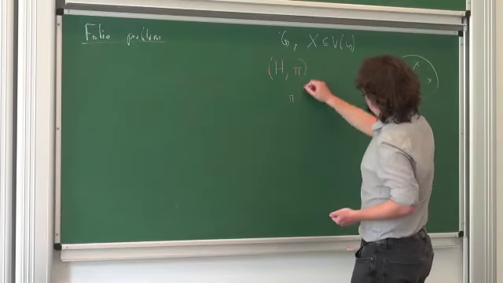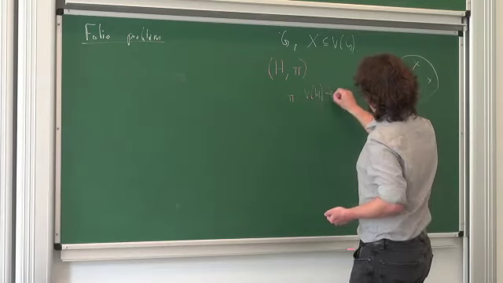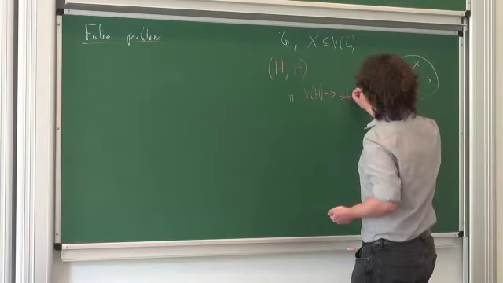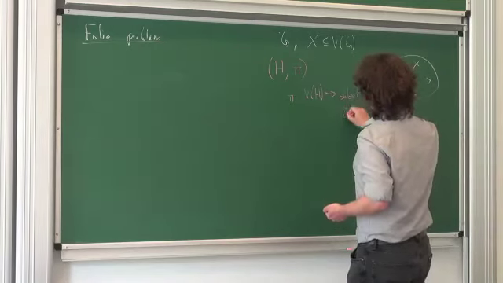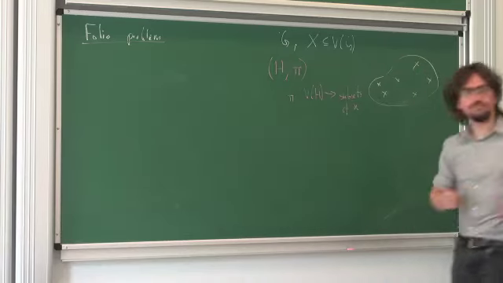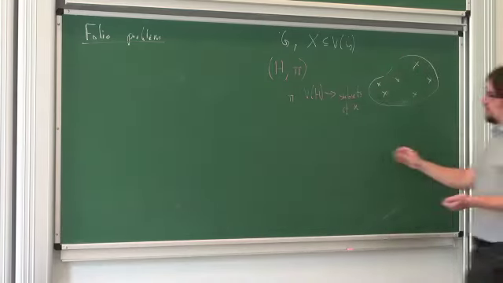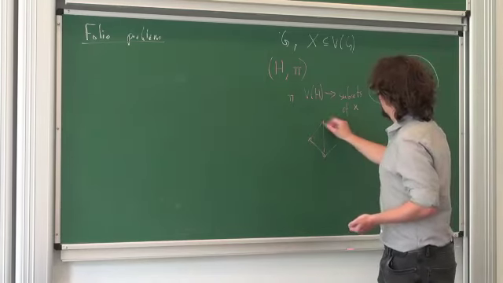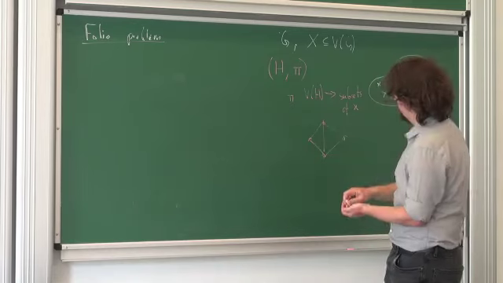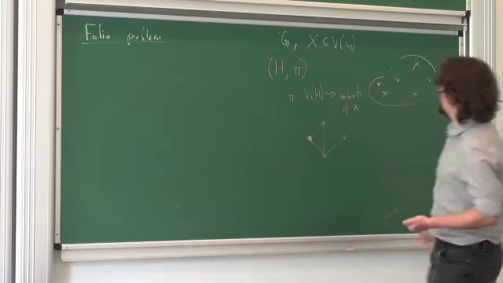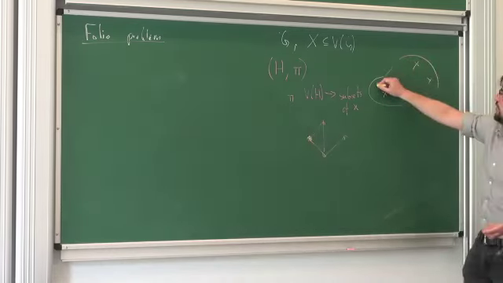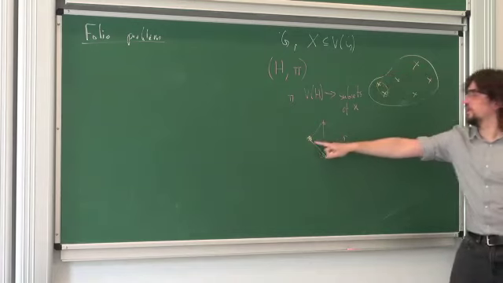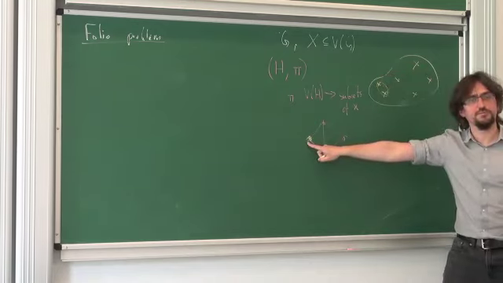That pi maps vertices of H to subsets of X. In other words, if I have here my graph H, then for every vertex of H, I have a specified subset of terminals that should be inside the branches of this vertex.